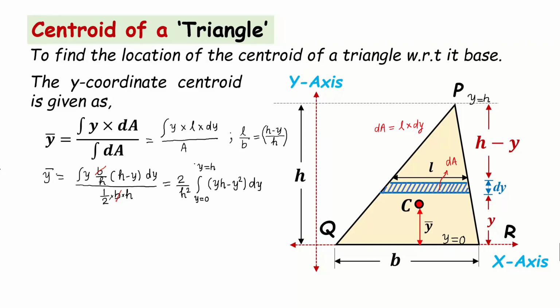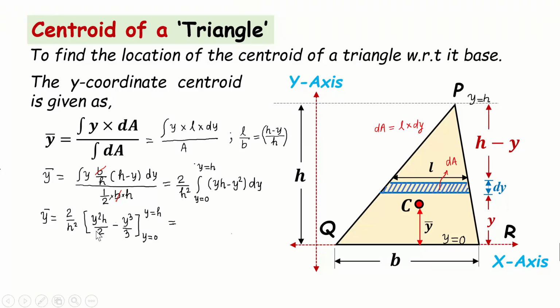So let's see what you will get in this case. We'll be getting y bar as 2 by h square. Now here integration of yh is going to be y square h by 2, and the integration of y square is going to be y cube by 3, friends, and the limit will be from y equal to 0 to y equal to h.